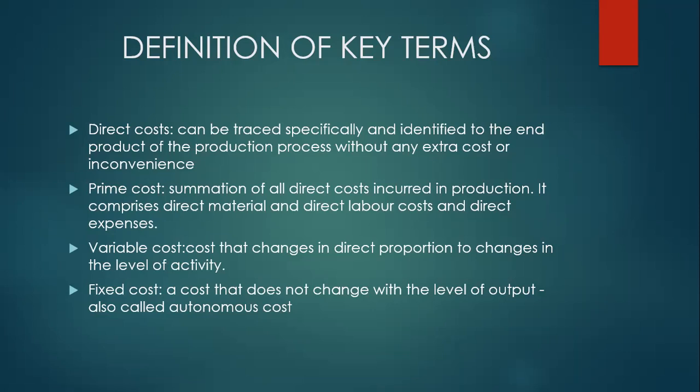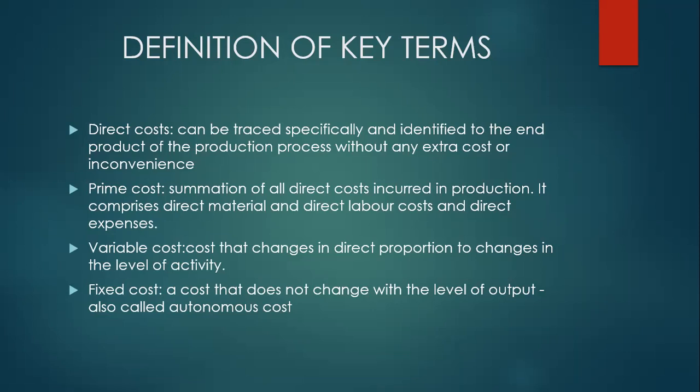It means that it varies according to the number of activities. So if you're taking care of one patient, there's a certain cost. If you're taking care of 2 patients, it doubles. If you're taking care of 3 patients, it triples, that kind of thing. That is what we call variable cost.